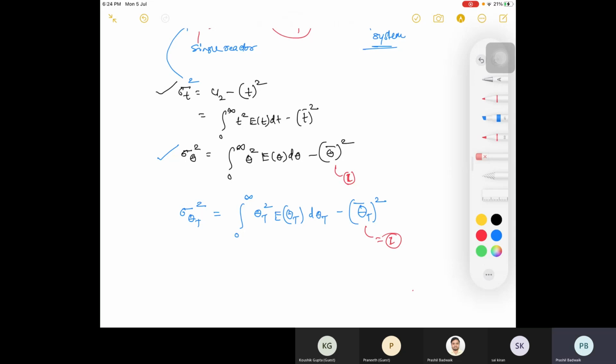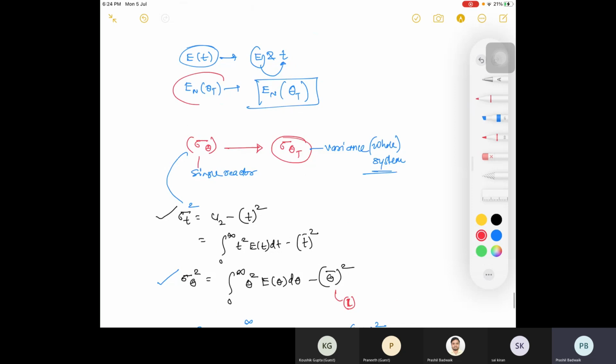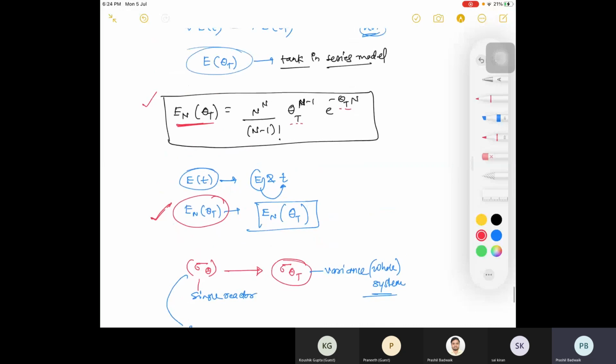What the tanks-in-series model has proved is, if you substitute, I'll share this proof. Here, what is your E t? This is your E n theta t. I'm writing this equation as equation 1.